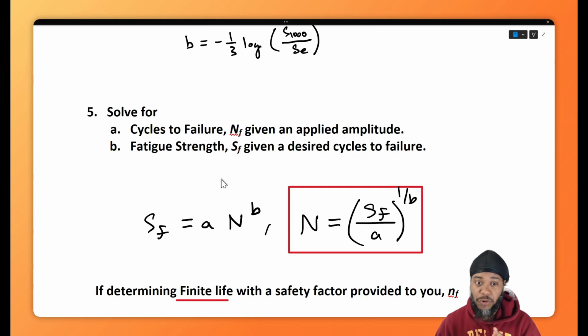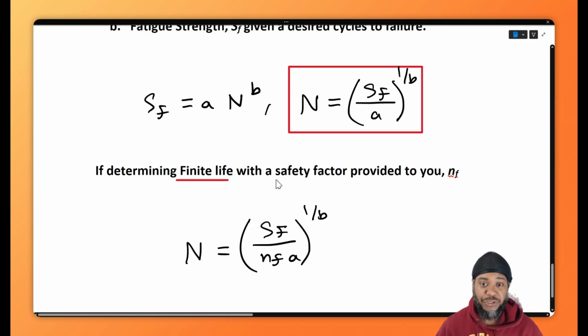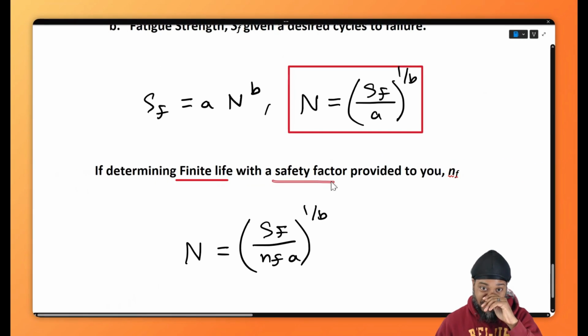Now, finally, there's one last thing we need to be concerned with, and that is how do we determine the effect of safety factors, right?